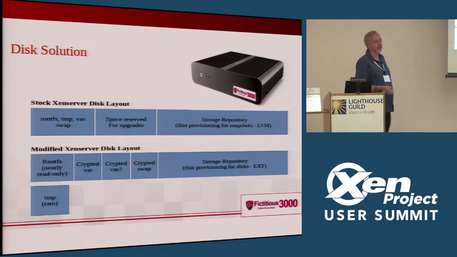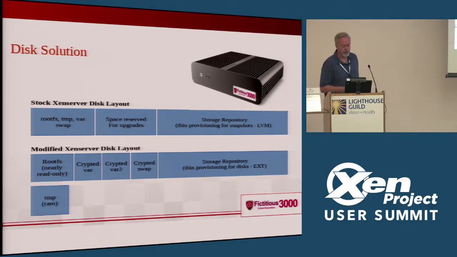We're probably going to invalidate the hard drive a lot. Okay, so that had to be fixed. The next block is space reserved for upgrades. That's what's basically saved me, because now there's a big space on the disk that I could use for other things. And then the way they have it set up by default, you have a storage repository for the rest of it, and it's using thin provisioning for snapshots. So it's using an LVM type for that.